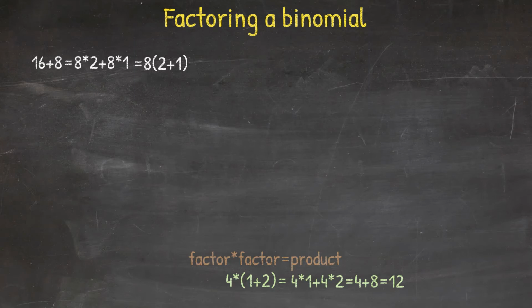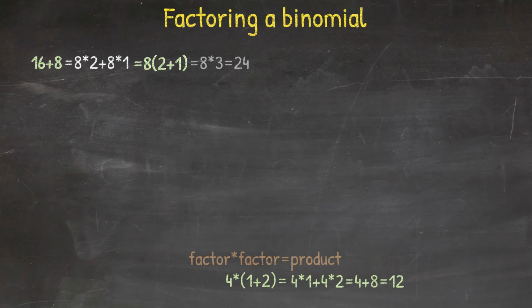If we were trying to solve it, at the end we would get the answer of 24. But this is beyond the point of this exercise. The point of this exercise was to factor a binomial. And to factor a binomial means to represent this binomial as a product of two factors. And this is exactly what we accomplished. We went from 16 plus 8 into a factored form of 8 times (2 plus 1).